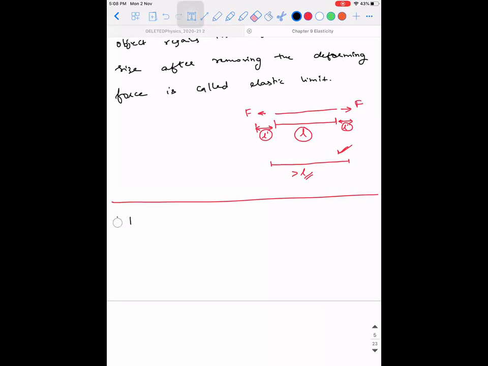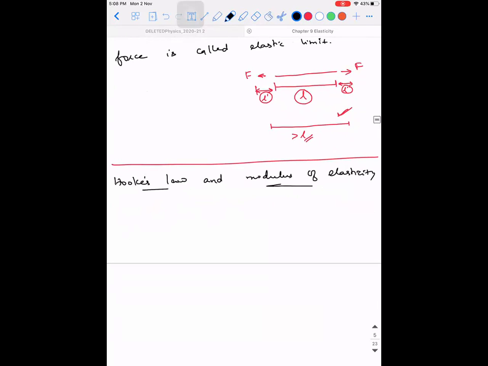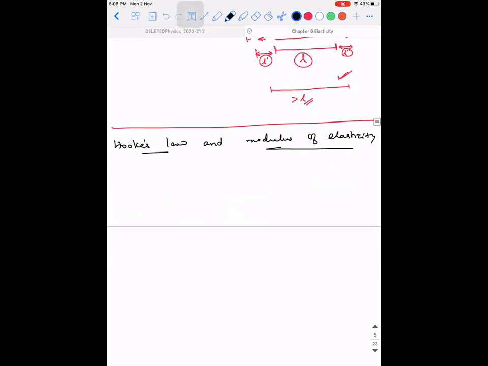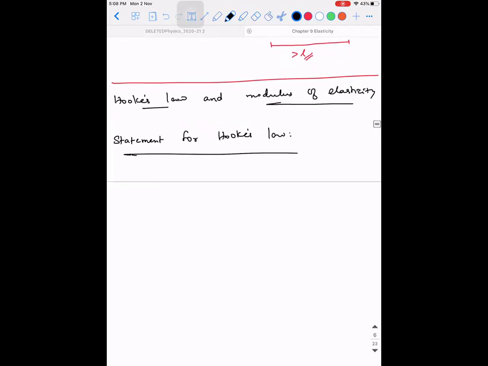Based on this elastic limit concept, there is an important law that we are going to see, which is called Hooke's law, and we are going to see modulus of elasticity. I want everyone to write this. This is a very, very important point. First, I'm going to give you the statement for Hooke's law. The statement for Hooke's law is like this.